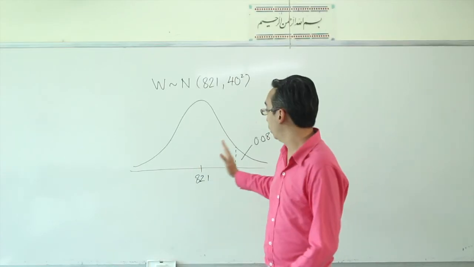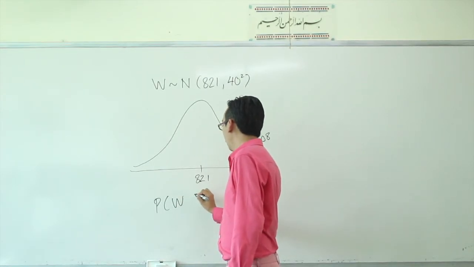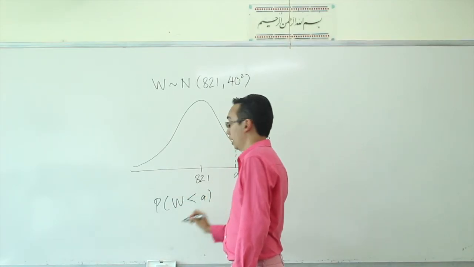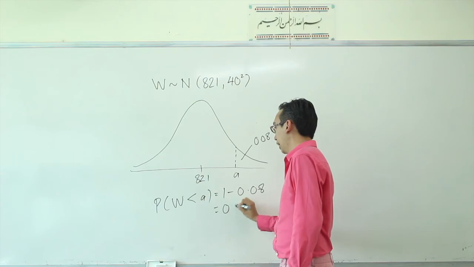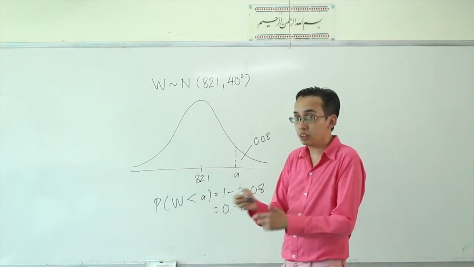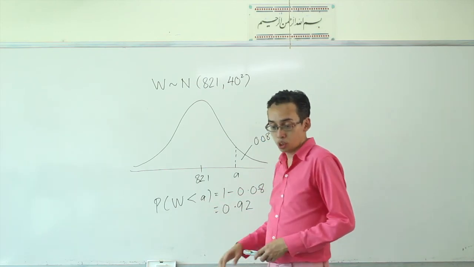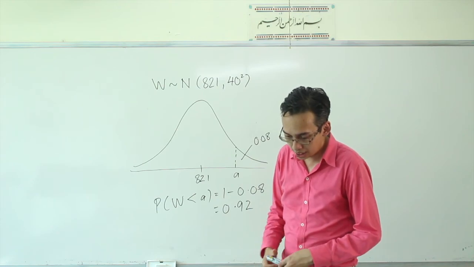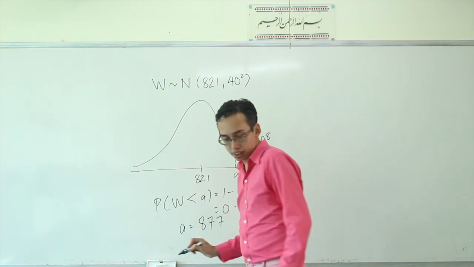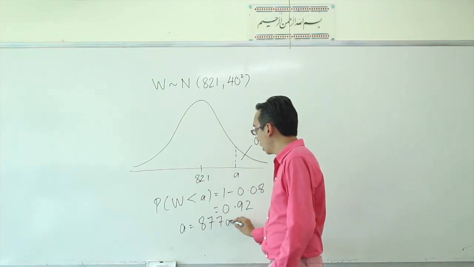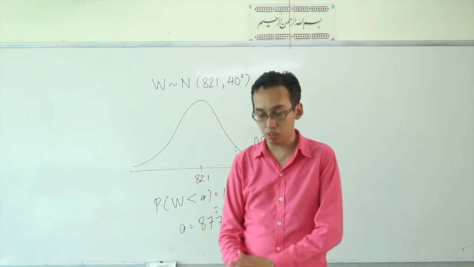So the probability of W being less than A must equal 1 minus 0.08, which is 0.92. So it goes back to finding the value of A given the probability. You use inverse norm, and inverse norm will give us A to be 877 grams. That's how you attempt example 12.